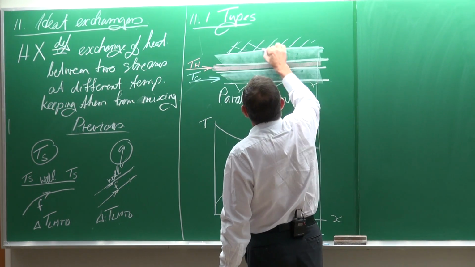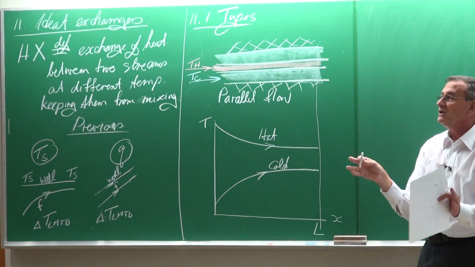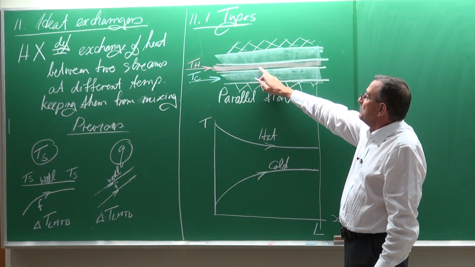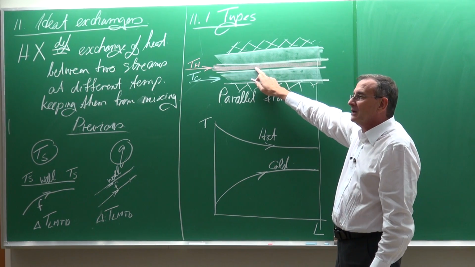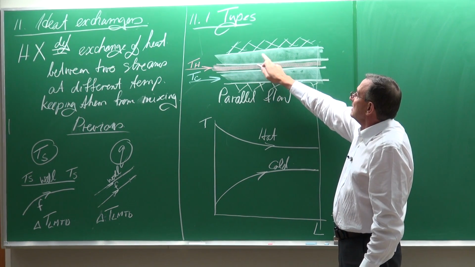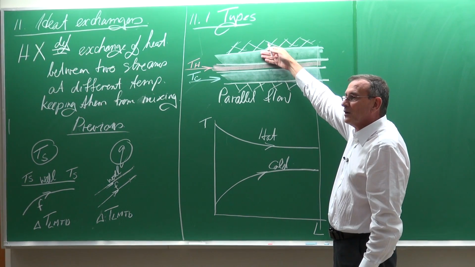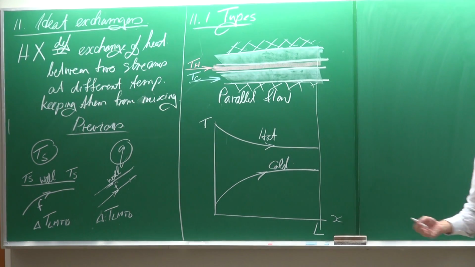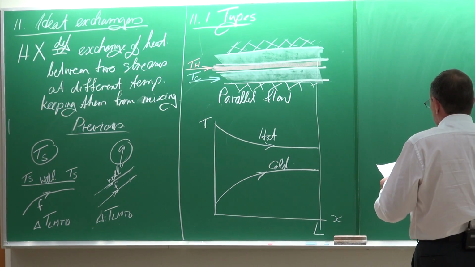So from a losses point of view, and that doesn't mean it is a rule and that is what always will happen, it would be better to have the warmer stream on the inside, because then the temperature there will be lower than the case where you had the hot stream on the outside, so the losses to the environment would just be less. Okay, so that is the parallel flow heat exchanger.